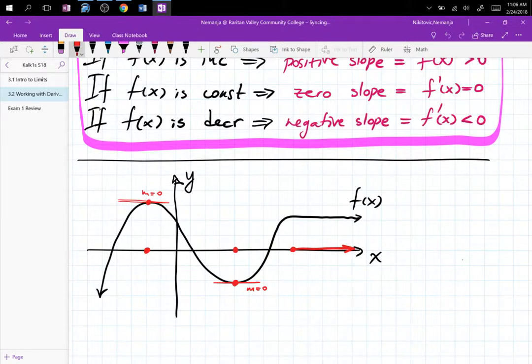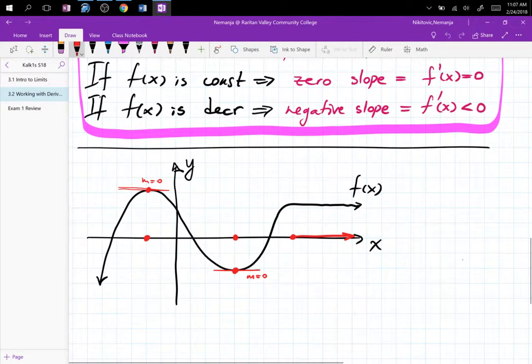So what do we know? We know that the slope is positive, because the function is increasing. So I need to draw that slope above the x-axis, like this. Now you might say, well, is it that way or this way? I don't know.